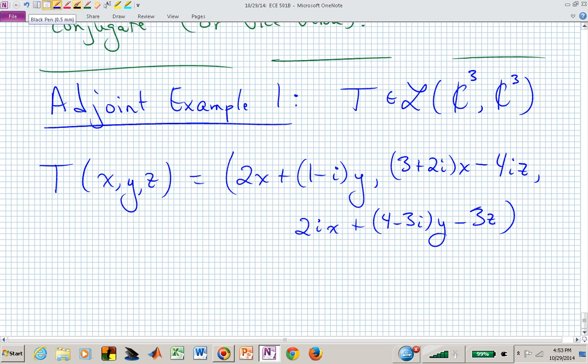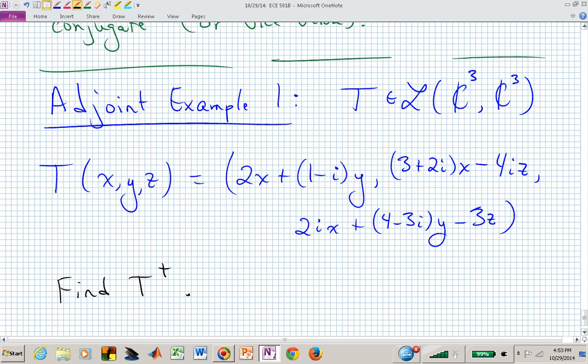And what we're asked, let's say in this particular example, is to find T dagger. What's the adjoint of this linear map? So now it's easier, exactly.